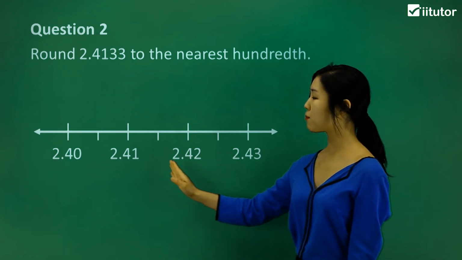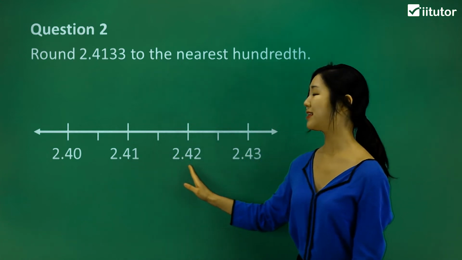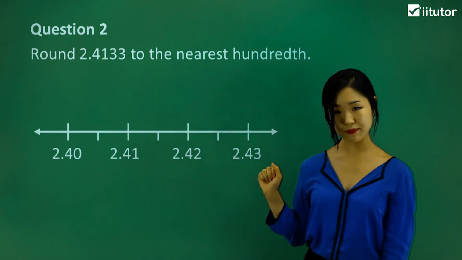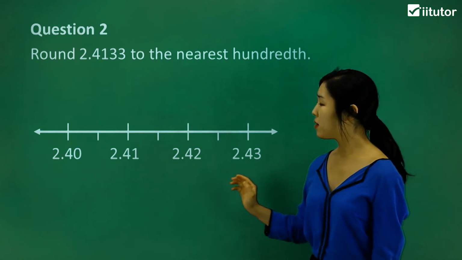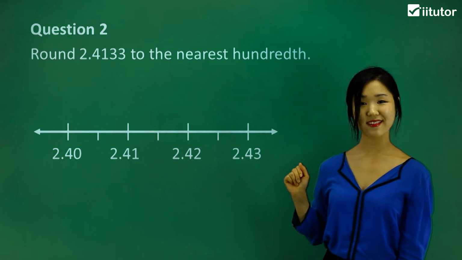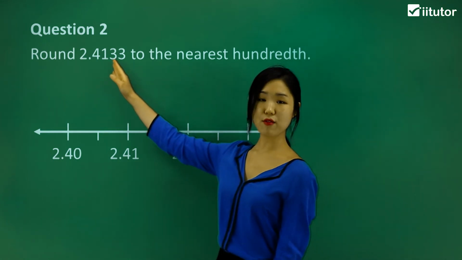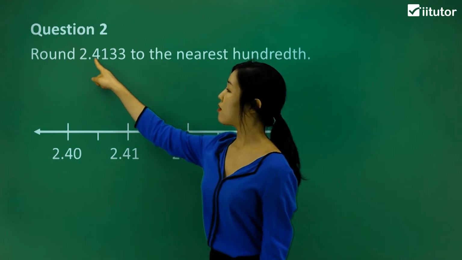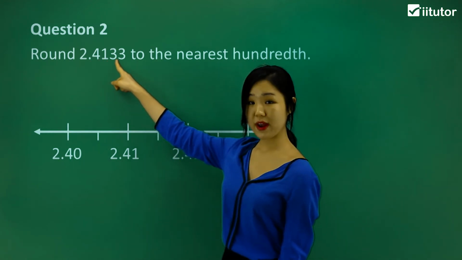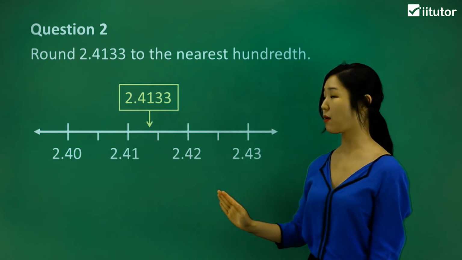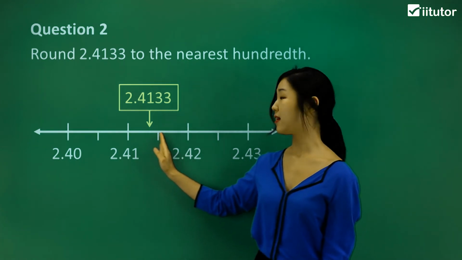2.4133 is bigger than 2.41 but less than 2.42, so it's in between this boundary here. Now, the midway point in between here is 2.415, isn't it, guys? So is it bigger than 5 or less than 5? The midway point, I mean. Because it's 2.413, it's going to be situated over here, which is a little bit less than the midway point, isn't it?